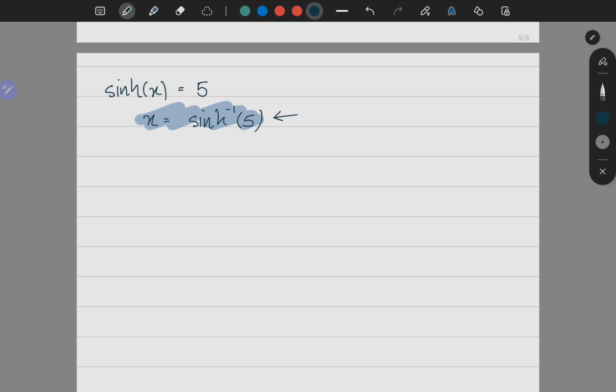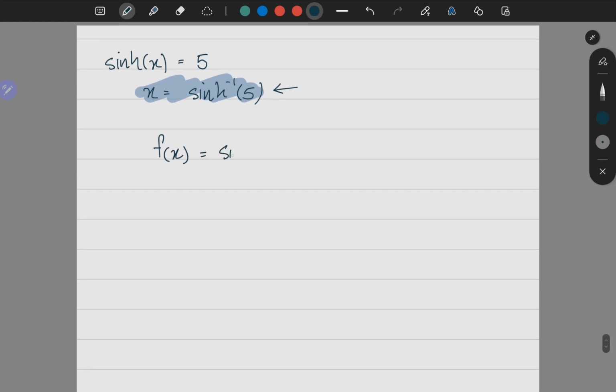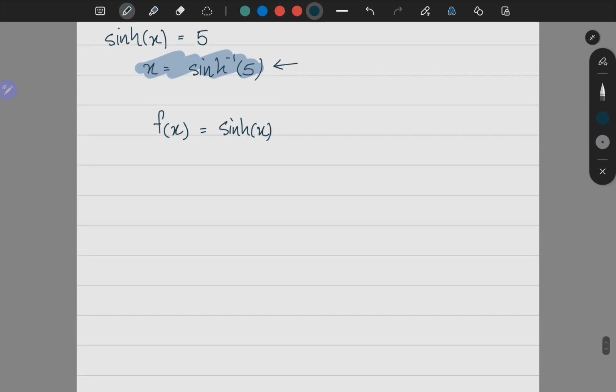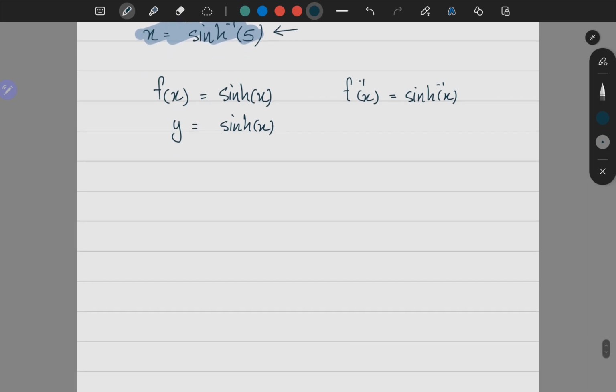First, we're going to say f of x equals sinh x. Then f inverse of x is going to equal sinh inverse of x. And obviously, y is still equal to sinh x.